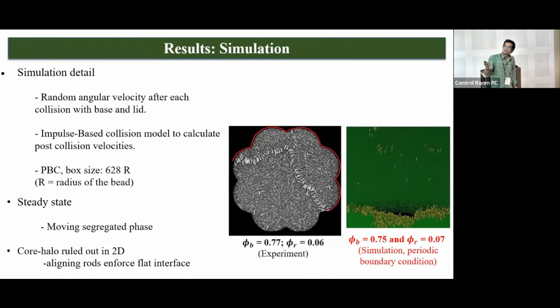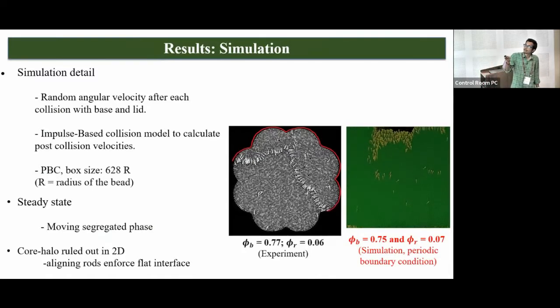The simulation is done by Rahul and Harsh, and this particular simulation is in a square simulation box, based on an impulse-based collision model. They observed a moving segregated phase, and behind this segregated phase, we see a trail of bead-poor region.